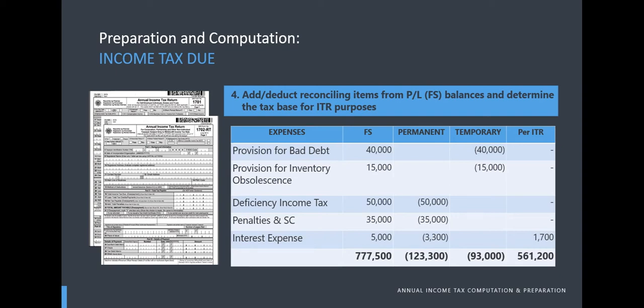Deficiency income tax, penalties, and surcharge are not tax deductible. Deficiency income tax is already a tax that must be paid. This pertains to the previous income tax due based on the prior year tax resulting from the BIR audit.